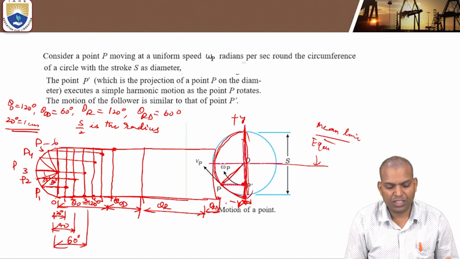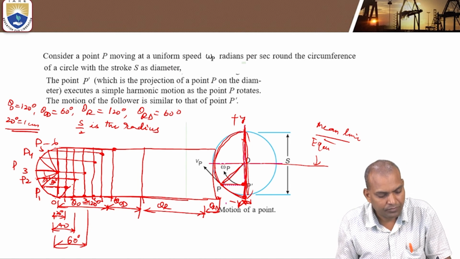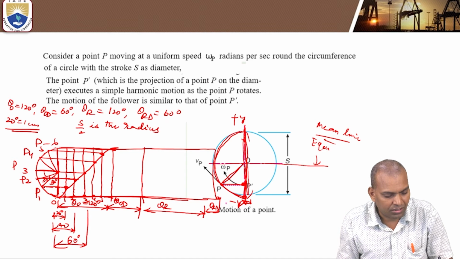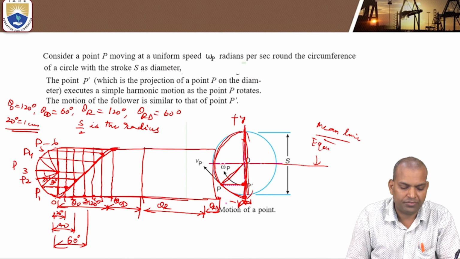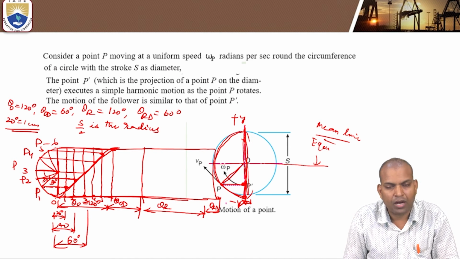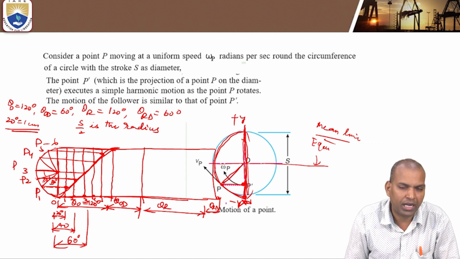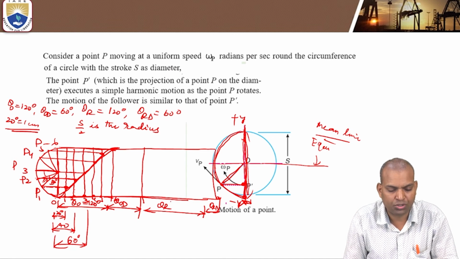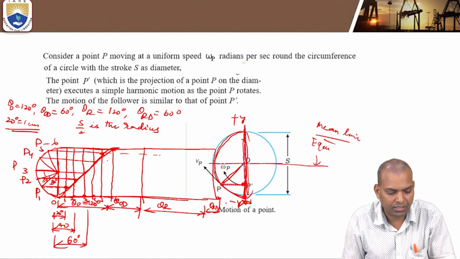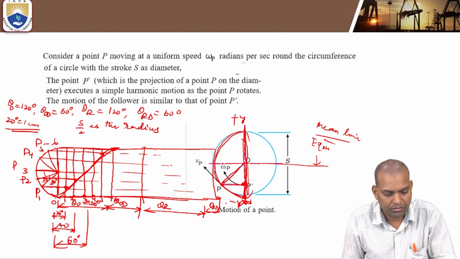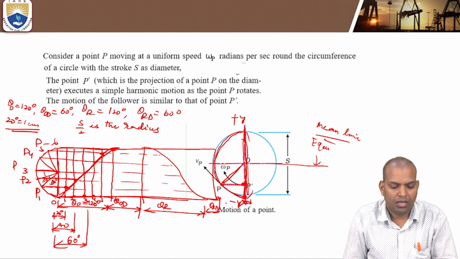That's why in the displacement diagram we draw this curve. This is the simple harmonic curve. Similarly, for the outstroke or return stroke, we have to complete the portion of the return stroke with the same projection points on these lines.